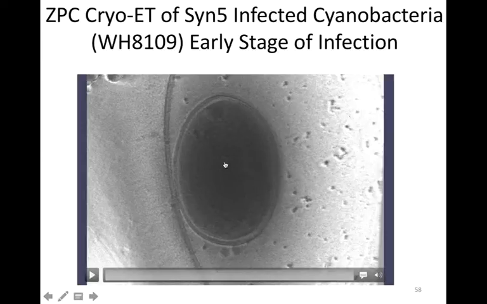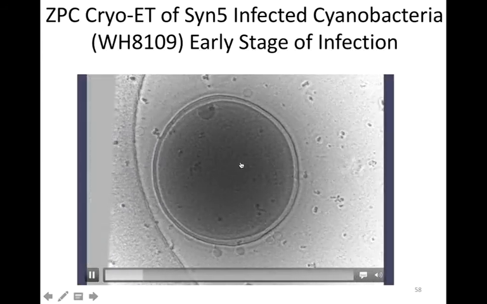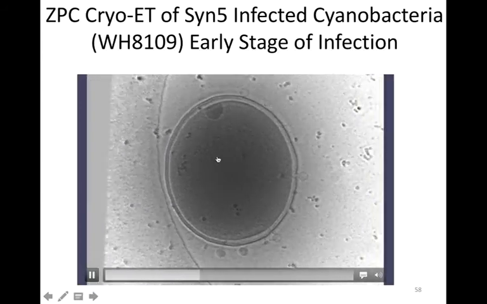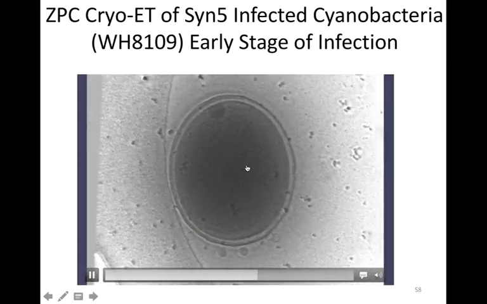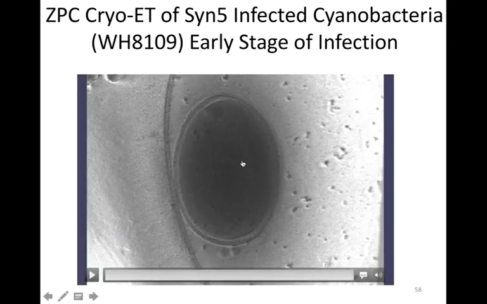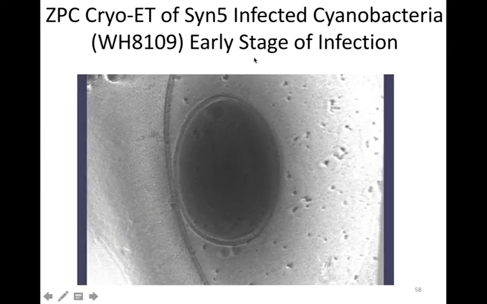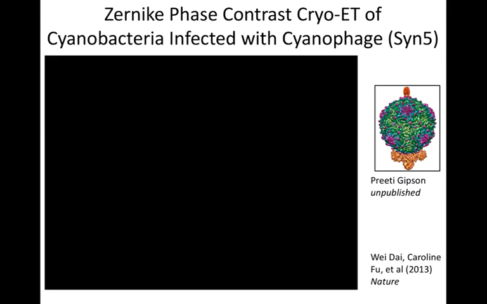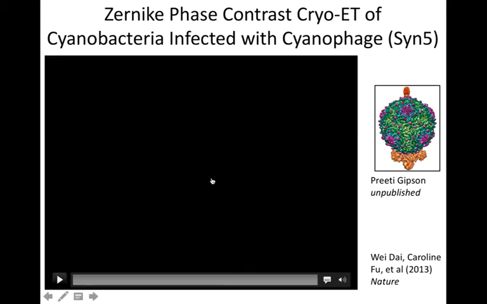And here is a tomogram of the cyanobacteria infected by the cyanophages. We do a reconstruction of one tomogram, which is equivalent to a CT scan of a human body. By taking images of the specimen at different angles, we can combine them to generate a 3D tomogram.